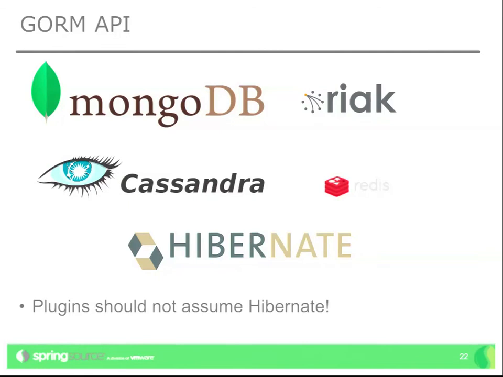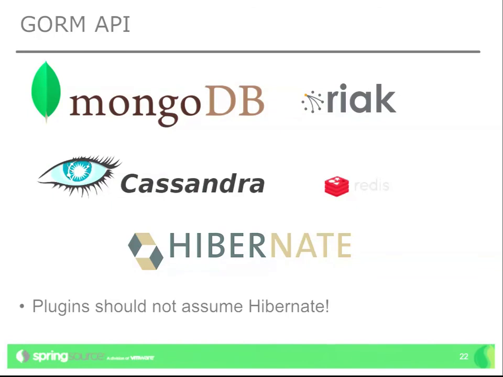That's been abstracted, and so now we've got this general GORM API and a mechanism for plugging in really any arbitrary store under the covers. And it doesn't have to be a relational database. We've got plugin implementations for things like MongoDB and Riak and Cassandra and Redis. And really, you could write a GORM plugin for any persistence engine that's accessible from the JVM, right?